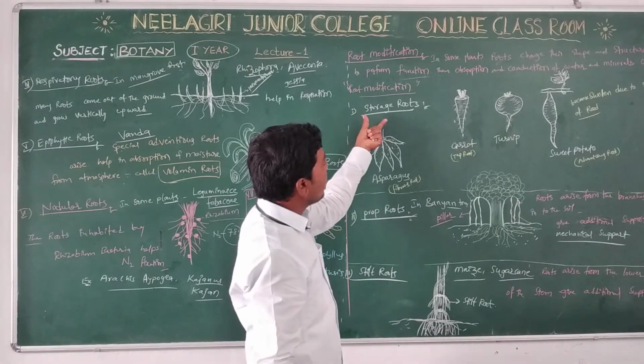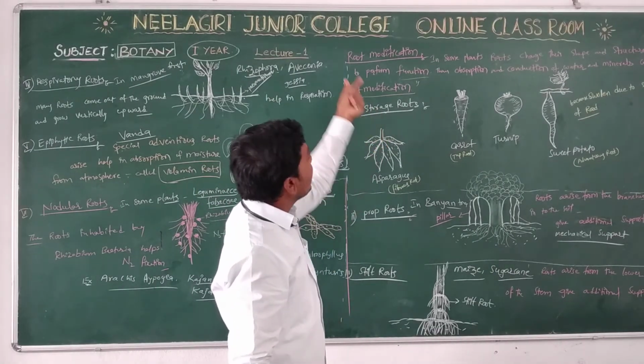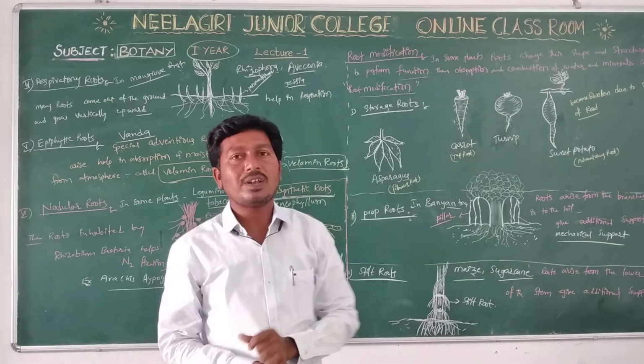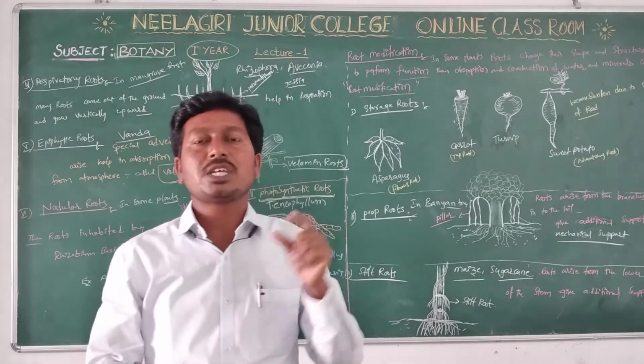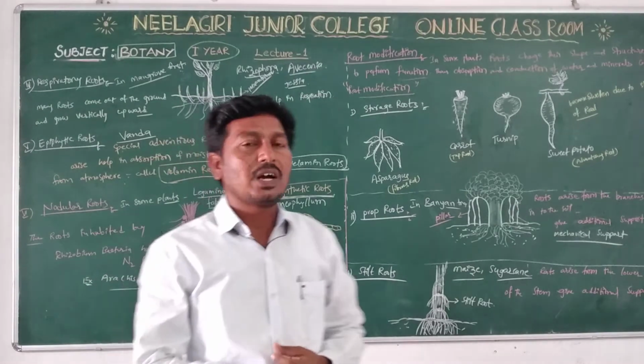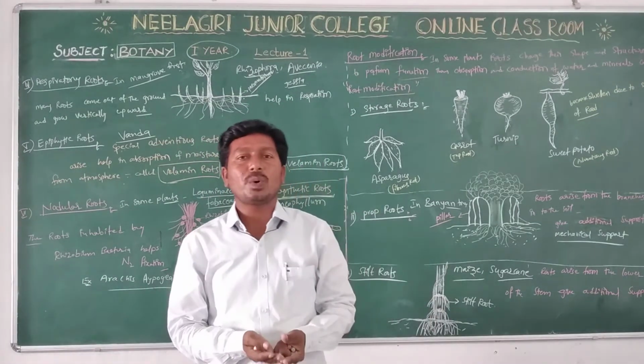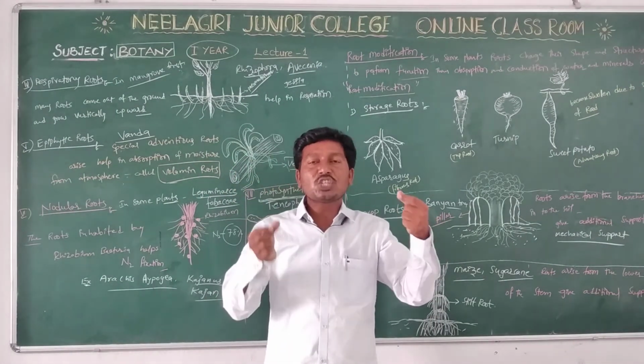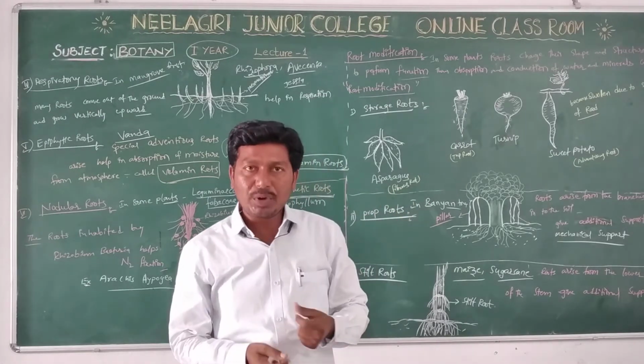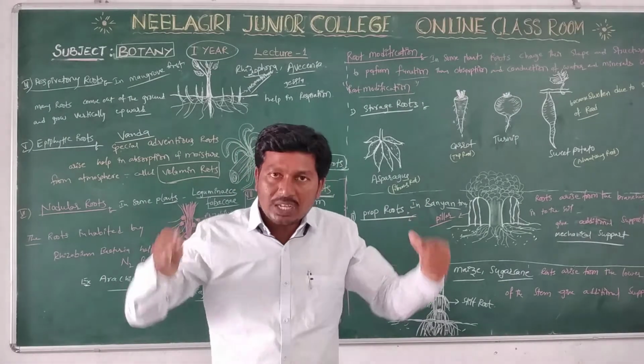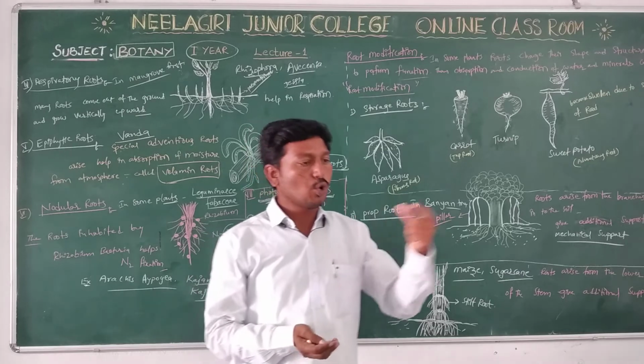First of all, let us see what a root is. Define root: the radicle of the embryo elongates and leads to the formation of the primary root, which grows into the soil. It is called root.